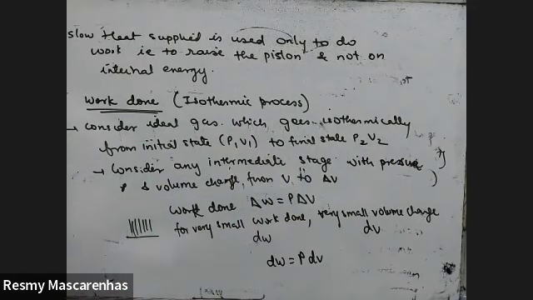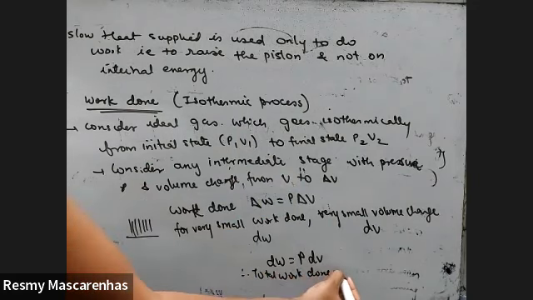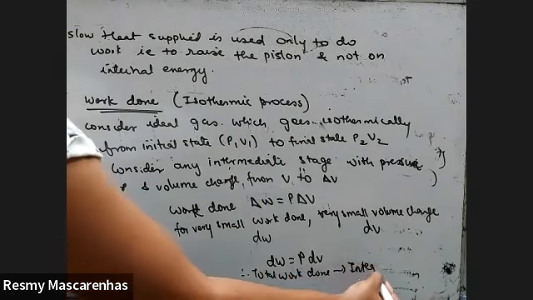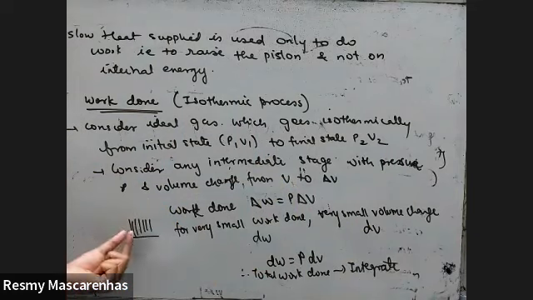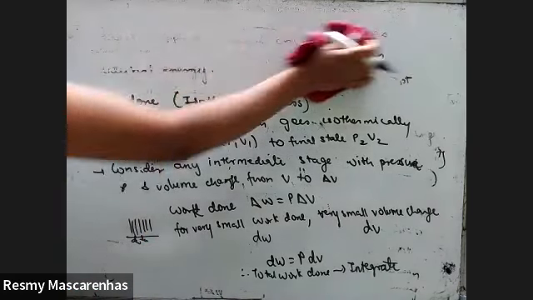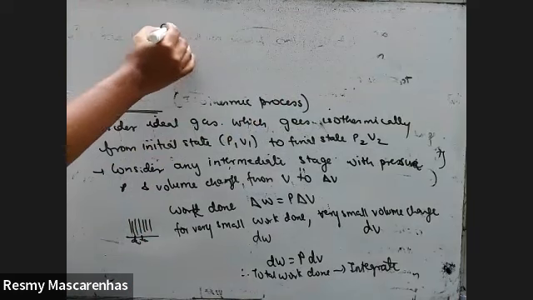Now overall, the total work done, you have to integrate it. That means you have to add up all these strips. This is like dW, again dW. So the total is nothing but integration. So integrate.